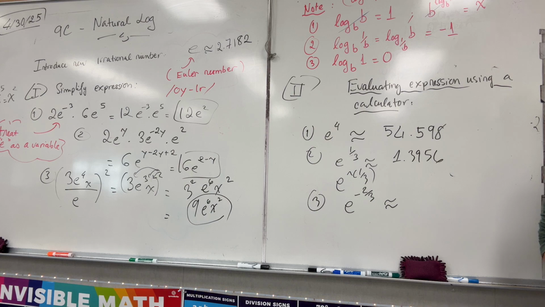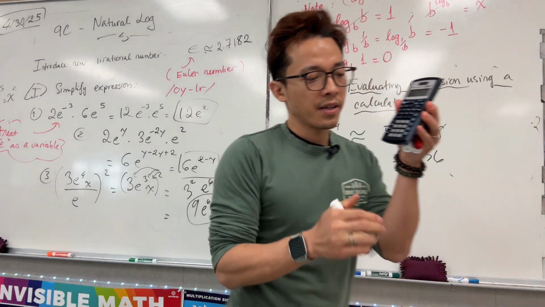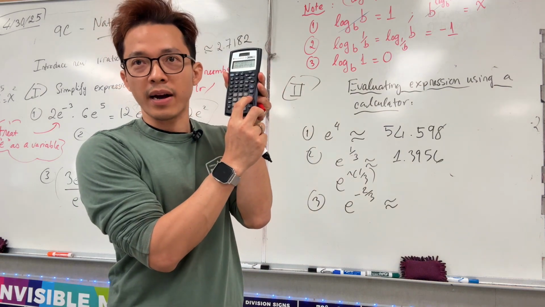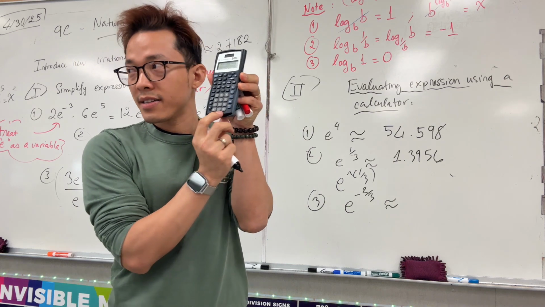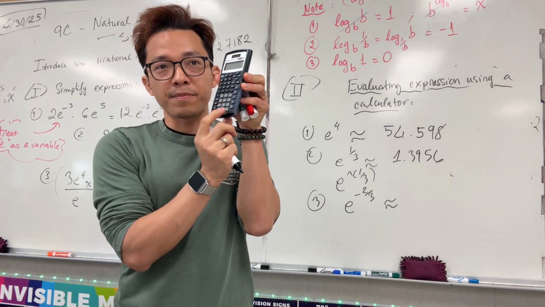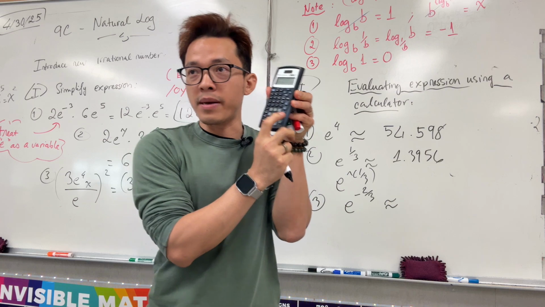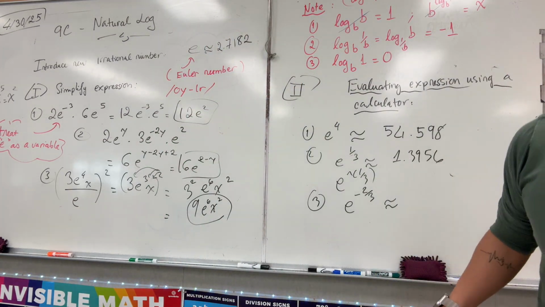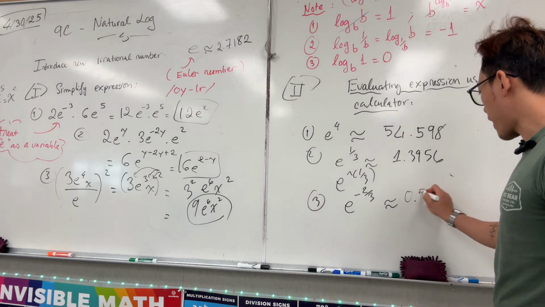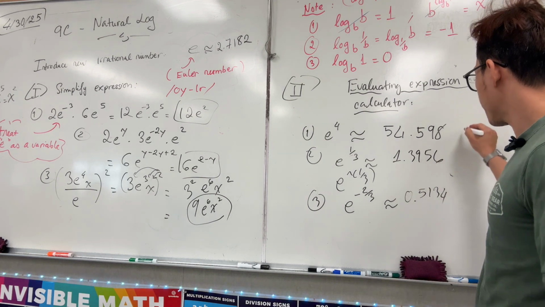Okay. The reason you have the syntax error is because you're using this negative here, right? You need to use this negative right here. This is the negative. If you press this one, it's going to be a syntax error. Okay? So what did you get? 0.5134 something. Okay?